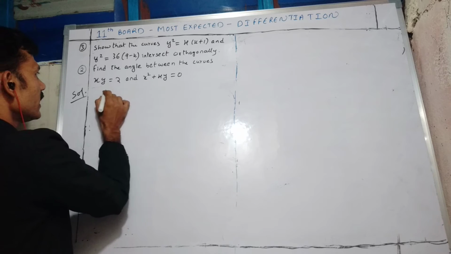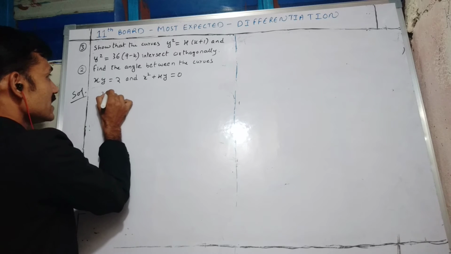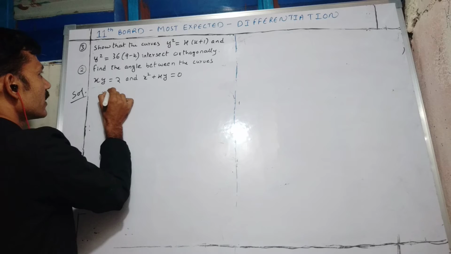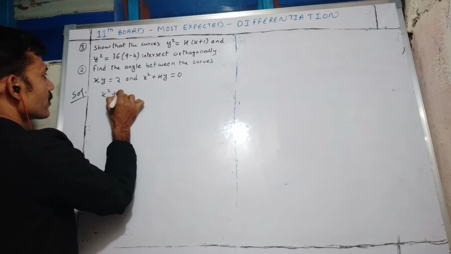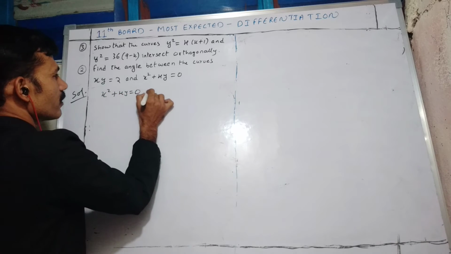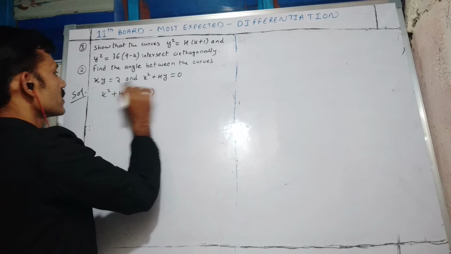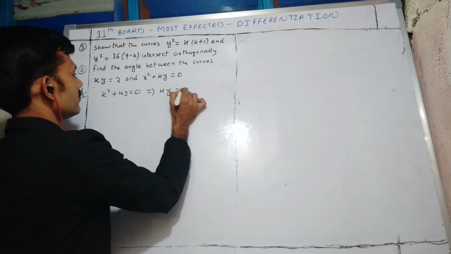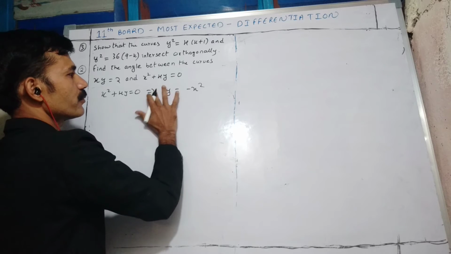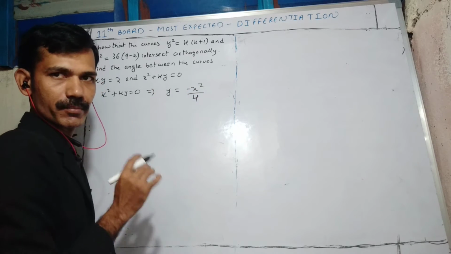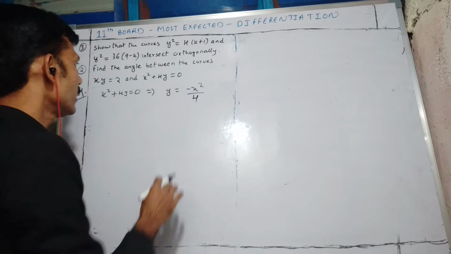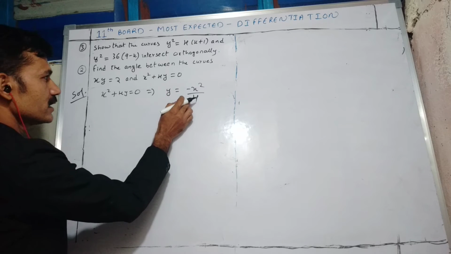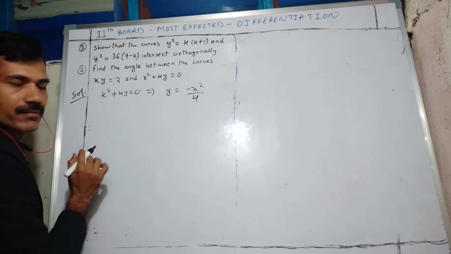Here the second equation is there, no, I'll slightly change it. So what I will get? x square plus 4y equal to 0, no? What I will do, that plus x square you transpose to that side, it will become minus x square. 4 if you transpose, it will become y equal to minus x square upon 4. This second equation I have changed. Substitute this in the first equation.